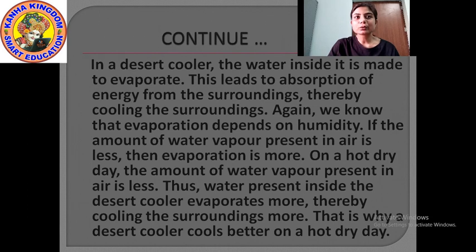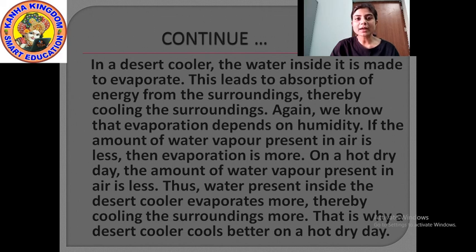In a desert cooler, the water inside is made to evaporate. This leads to absorption of energy from the surrounding, thereby cooling the surrounding. Again, we know that evaporation depends on humidity.